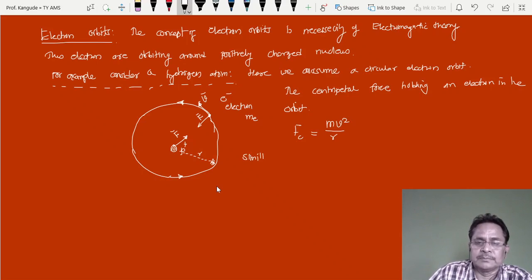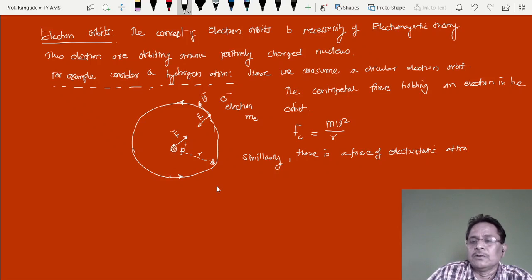Similarly, there is a force of electrostatic attraction, which is given by Coulomb's law. Fe is equal to 1 upon 4 pi epsilon 0 into E square.